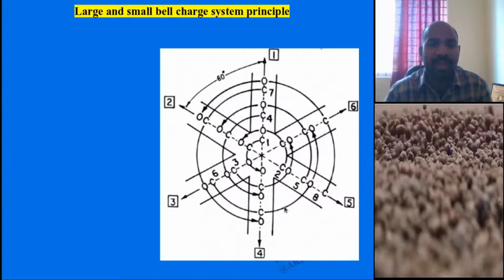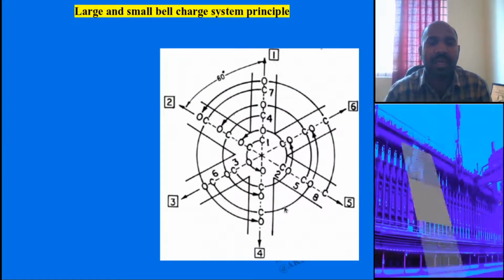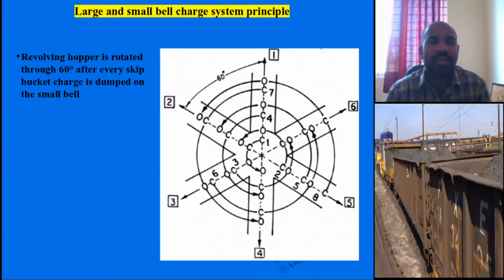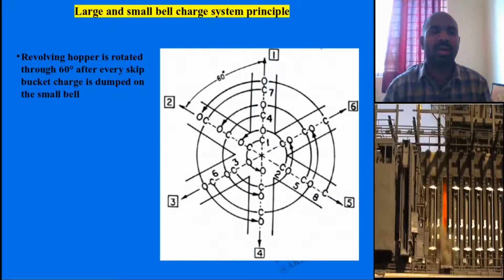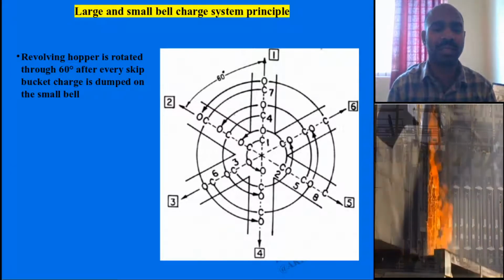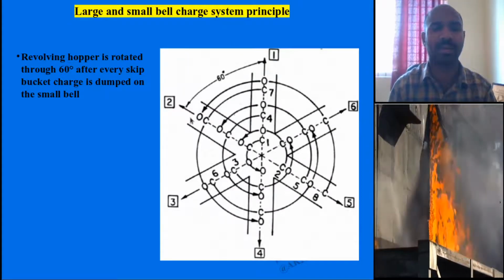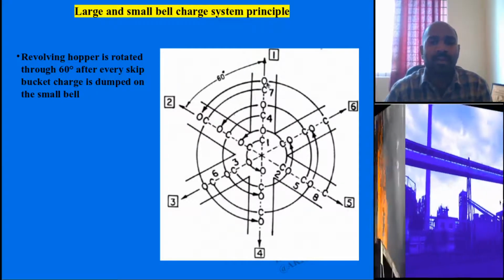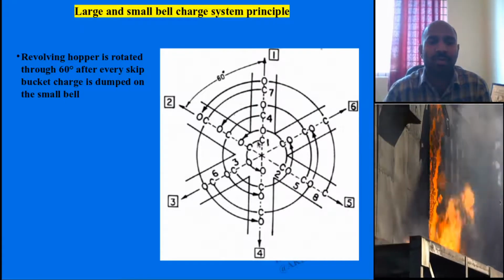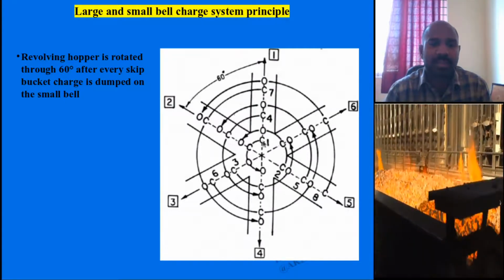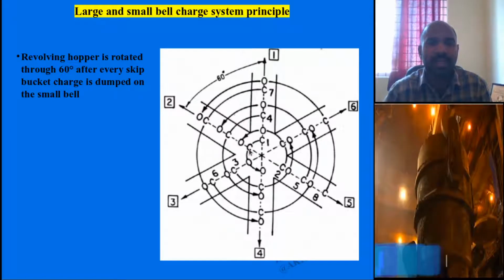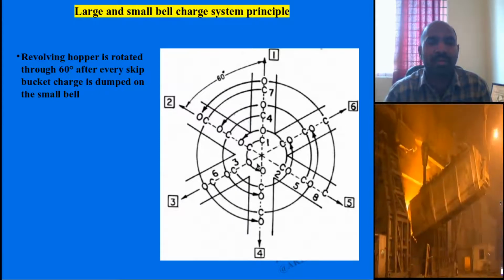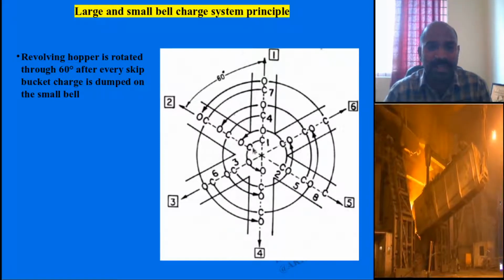Now let us discuss the principle of the large and small bell charging system. As shown, the revolving hopper is rotated through 60 degrees. This is how the 60 degrees is shown. In sequence, you will charge one bin of coke in the small bell, another bin of coke, and another two bins of ore, one after another.